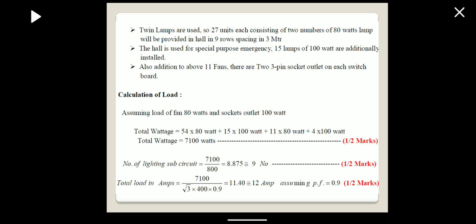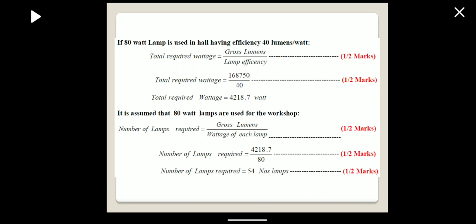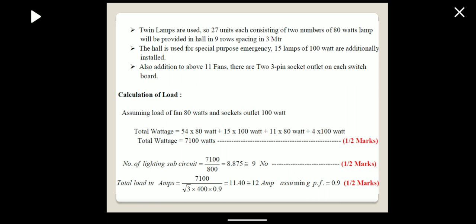Then twin lamps are used. So 27 units consisting of two 80 watt lamps will be provided in the hall in 9 rows, with spacing of 3 meters. And as the hall is used for special purposes, for emergency, 15 lamps of 100 watt are additionally installed.